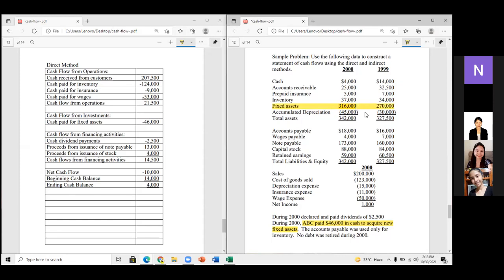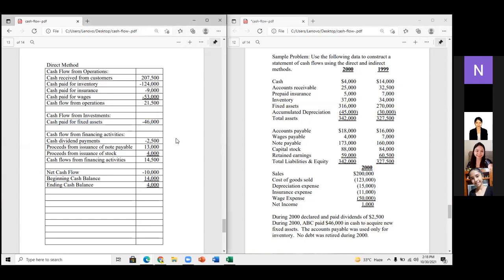So, kapag niles natin yung beginning dun sa ending, malalaman mo na nagka-increase siya, 'di ba? So, malalaman mo na nag-acquire siya or bumili siya ng new fixed asset. So, ayan, wala na tayong ibang lagay sa investment, kaya cash paid for fixed assets lang yung andito sa direct method natin. Yan lang yung magiging amount for cash flow from investment.